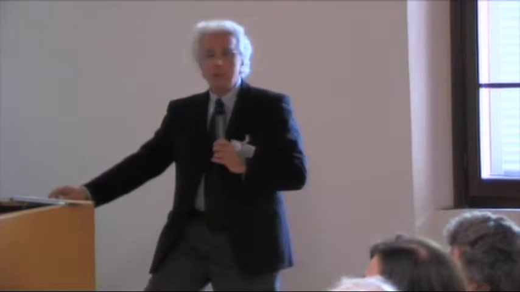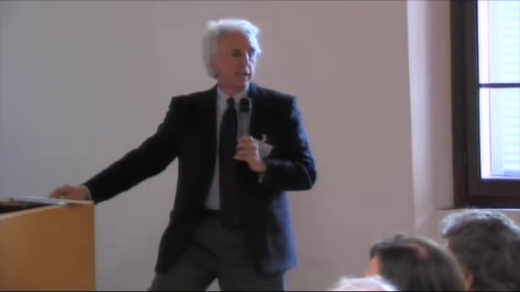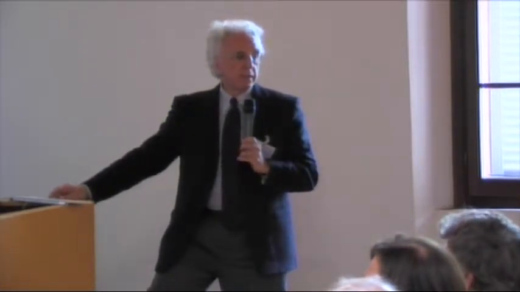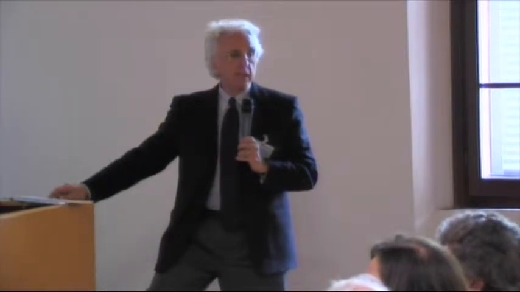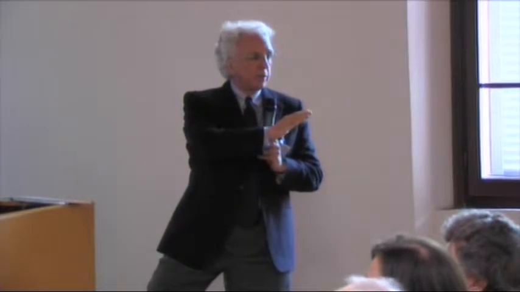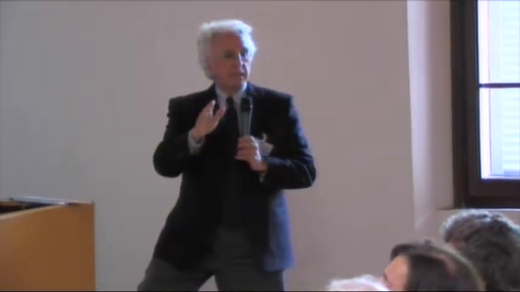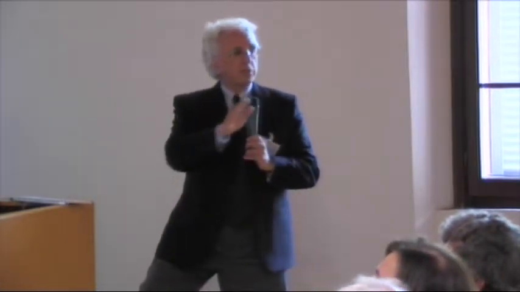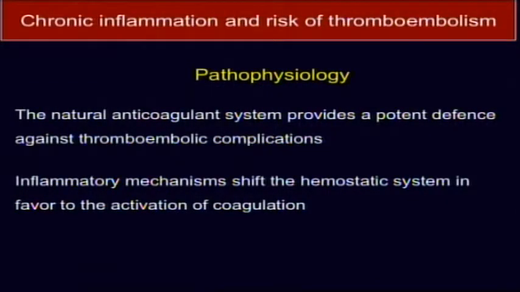And when you have a condition like inflammation, and infection in particular, the balance between thrombin generation and defending ourselves against thrombin generation is very much in favor of thrombin generation. And that is the reason why you have, in many cases, complications such as venous thromboembolism, and in many other cases, arterial thromboembolism.